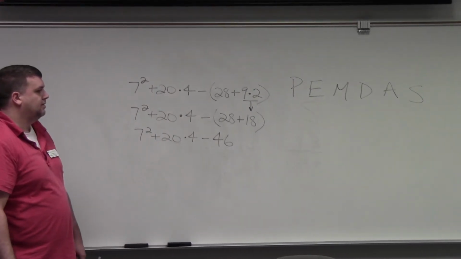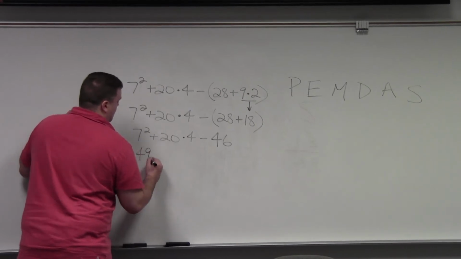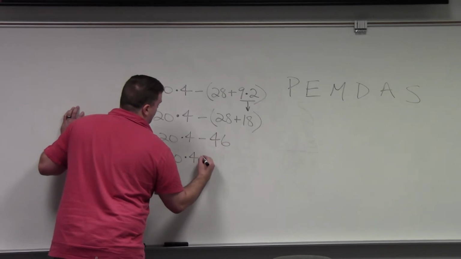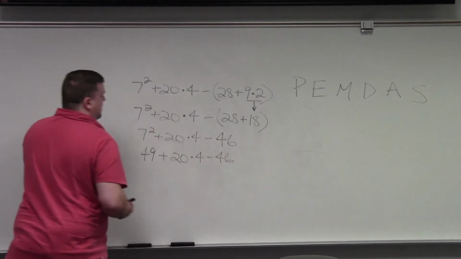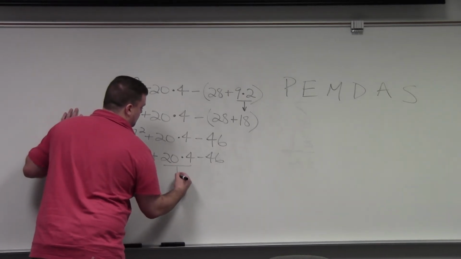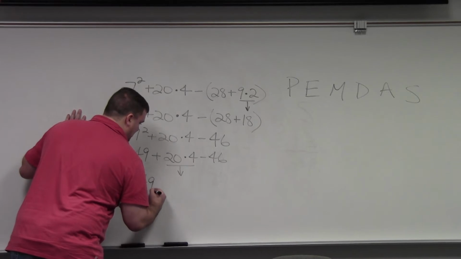What are we going to take care of next? 7 squared, 49. Next operation to take care of? Multiplication. I'm going to agree with the 80.